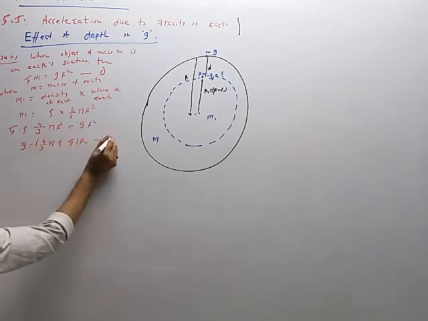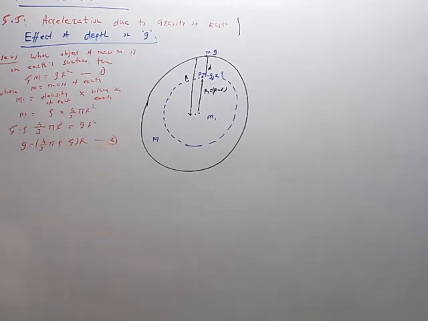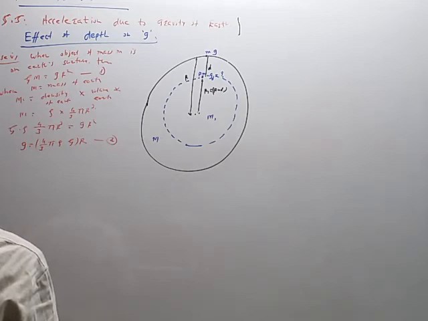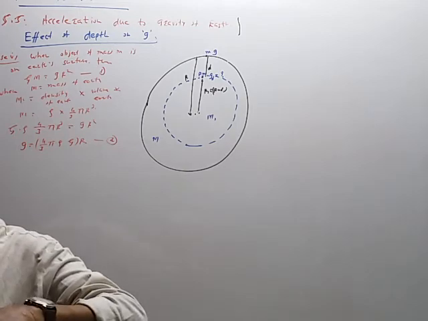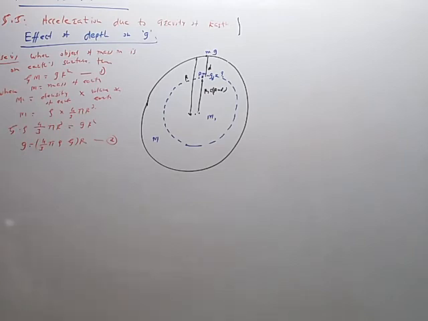So this is equation 2. 4/3 pi g rho into r. Density च्या ठिकाणी d पण सिंबल यूज केलेला आहे.